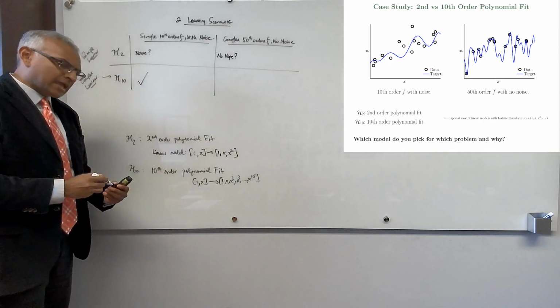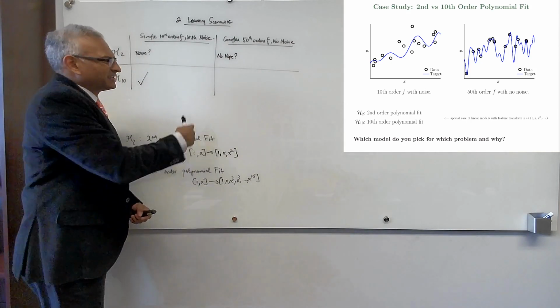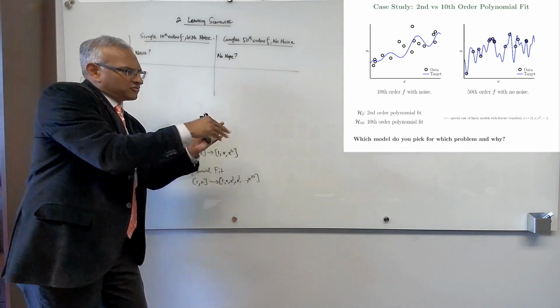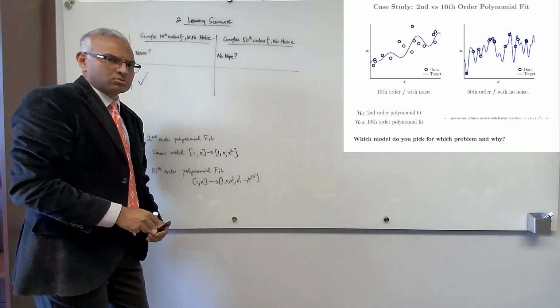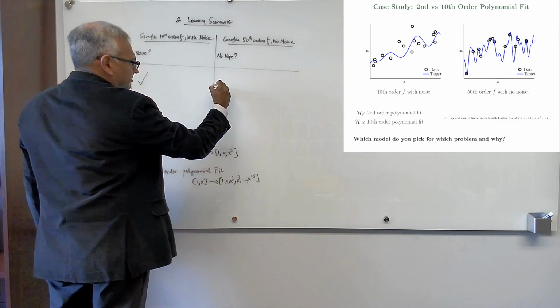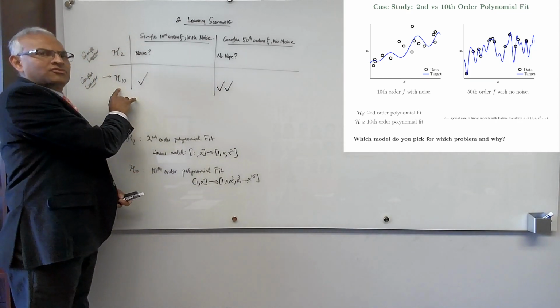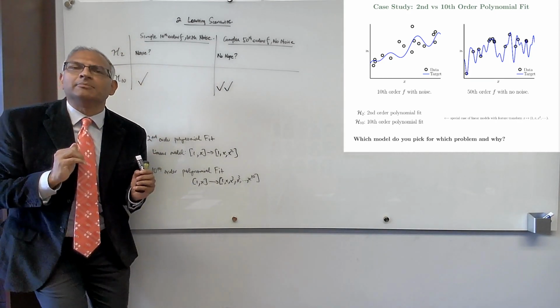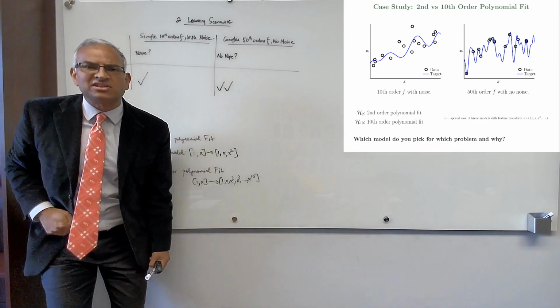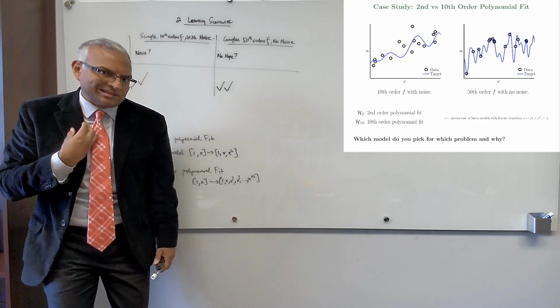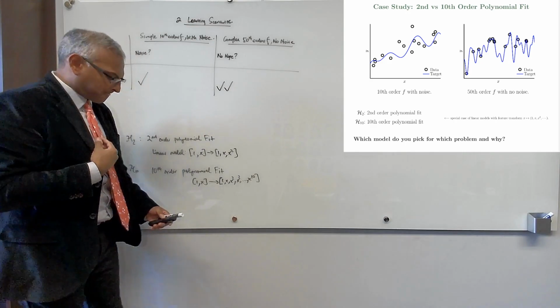And the 10th order fit, while it's still a bit deficient, at least has some chance of getting all the variability of this blue target function. So we think this is a no-brainer here. In this case, the 10th order fit is a no-brainer because you told me the target function is 10th order, so obviously I should use the 10th order fit.